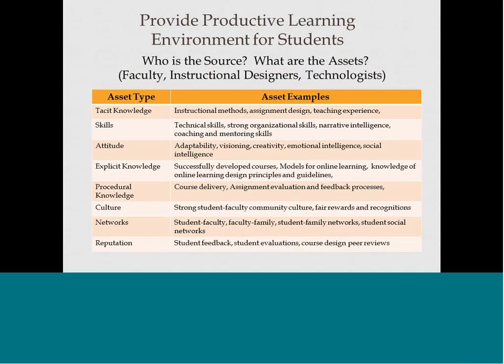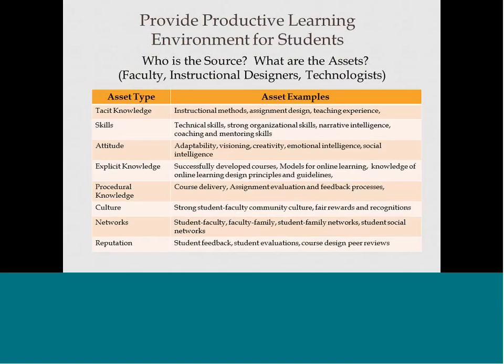All right, and our fourth sub-capability is to provide the productive learning environment for students. This includes an additional set of intellectual capital assets because the sources are a little bit different. Of course, we have the faculty, but we also have instructional designers and technology.